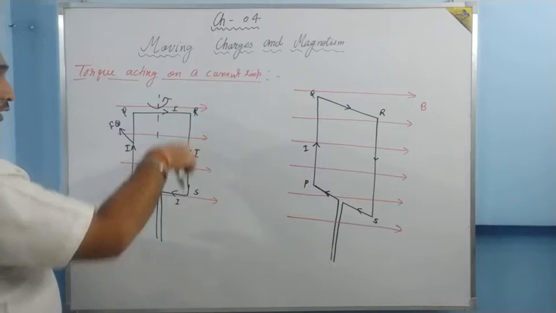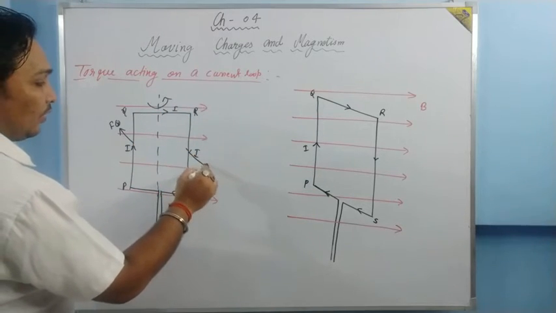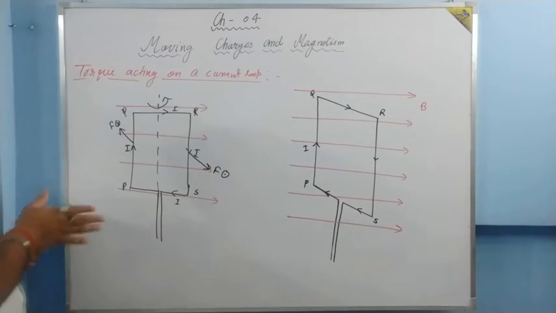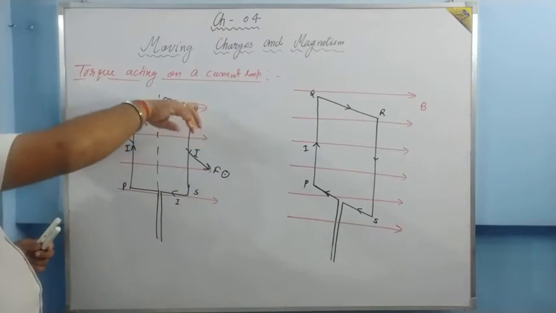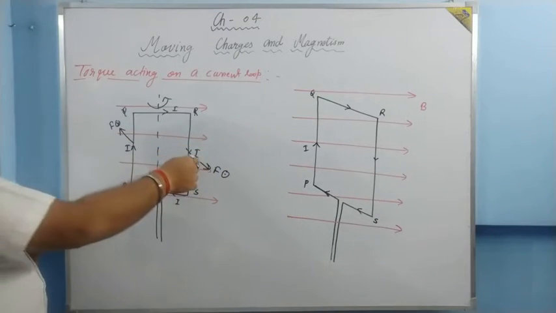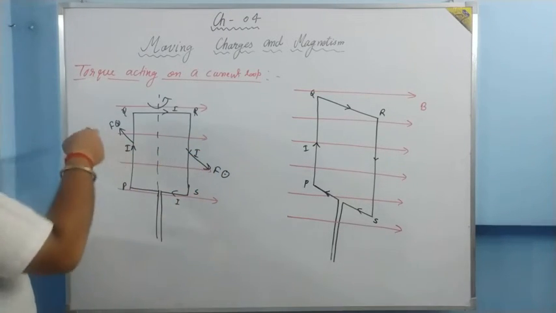Since the direction of current on the other side is just opposite, the force acting on that side will be outward. The direction of magnetic field is this side, current in RS is downward, palm face is indicating outward. So force on this side is outward, force on this side is inward.